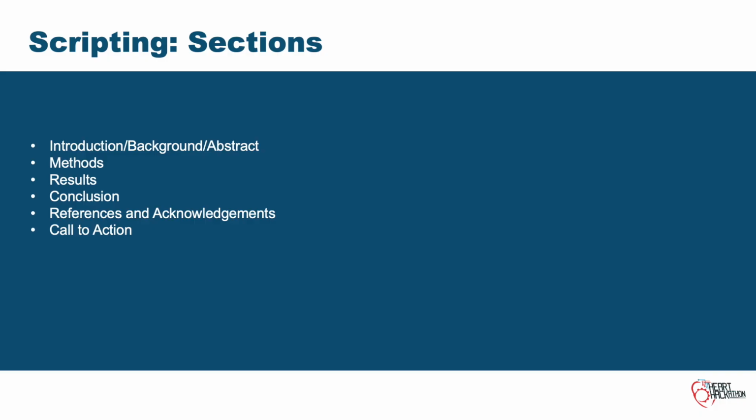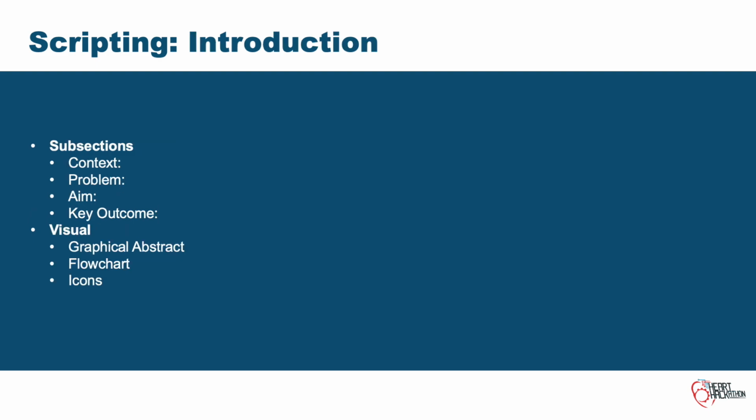So in terms of sections, it's very similar to a paper: intro, methods, results, conclusions, references, and call to action. And just briefly going over these sections. The introduction might be considered a mini abstract in itself, but you might want to convey the context of the situation, the particular problem you're trying to solve, the aim or the key outcome of the work that you've done.